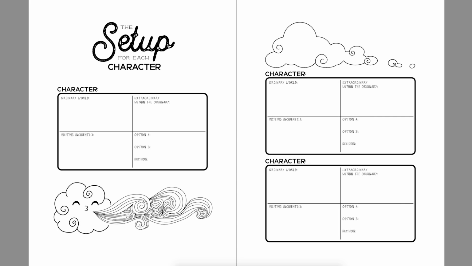So for this section, sometimes it's easier to come up with the decision that the character has to make and work your way backwards to the front of your novel, because these inciting incidents are really meant to force the character into this decision.